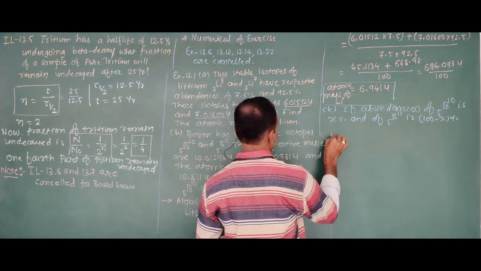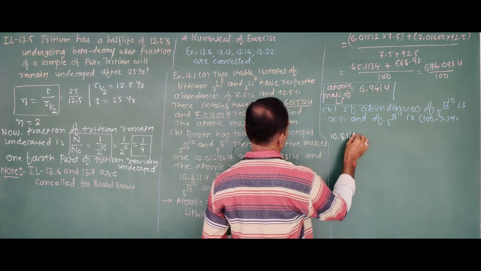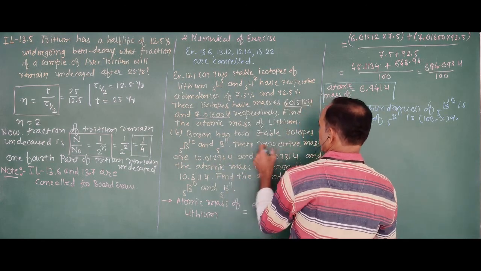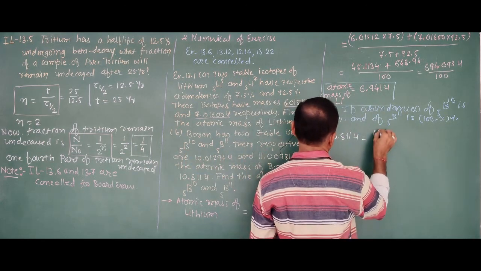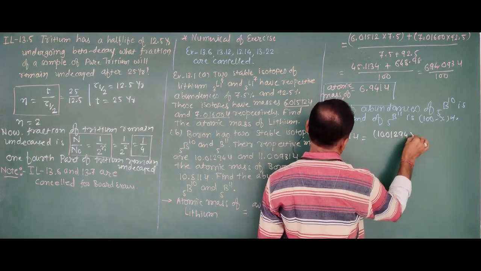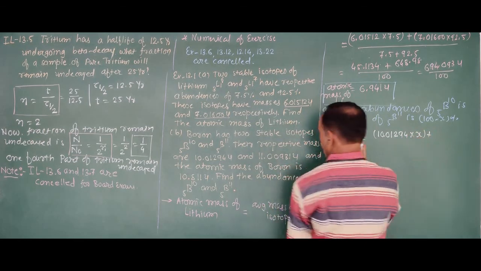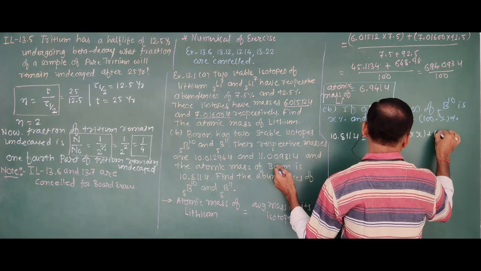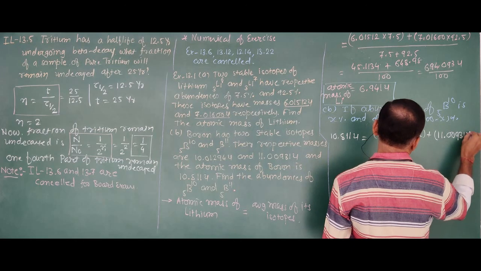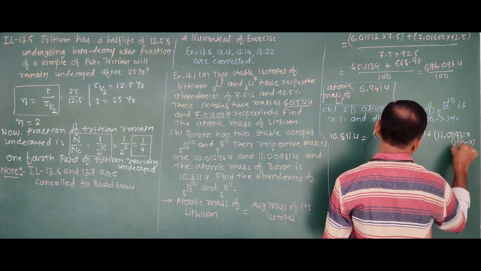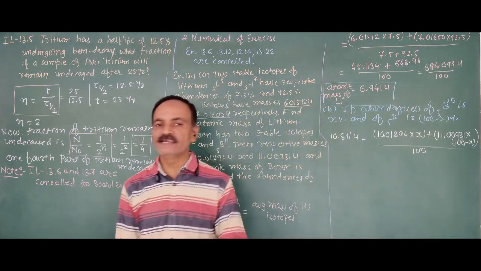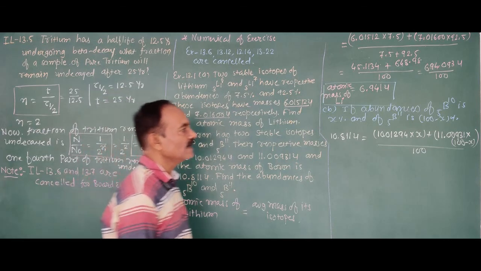Directly I substitute the values: 10.811 atomic mass unit of boron is equal to the mass of boron-10, 10.01294, multiplied by x percentage, plus boron-11 with mass 11.00931 into 100 minus x, divided by 100, because x plus 100 minus x cancels, therefore 100.